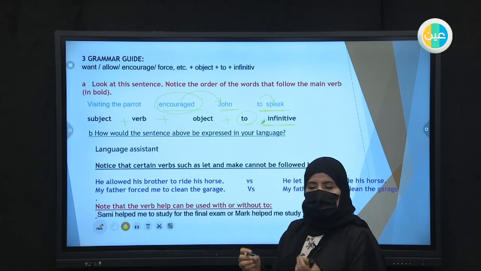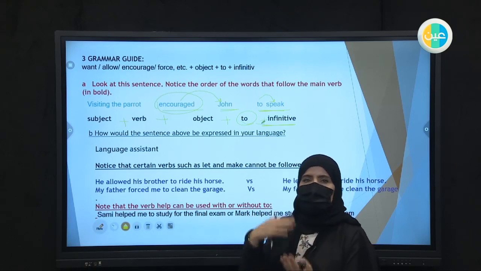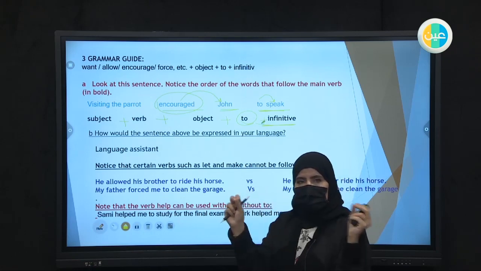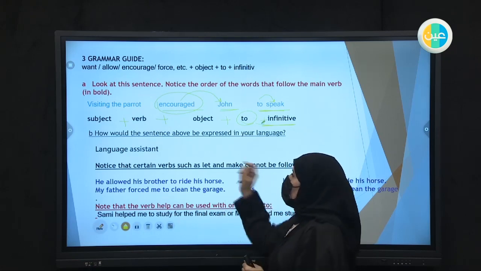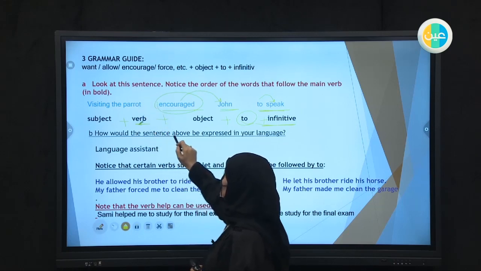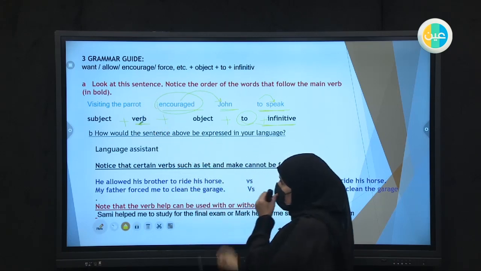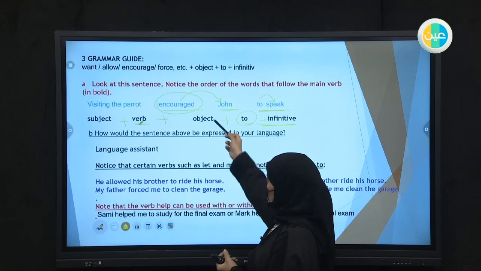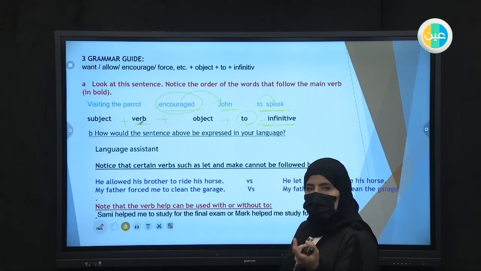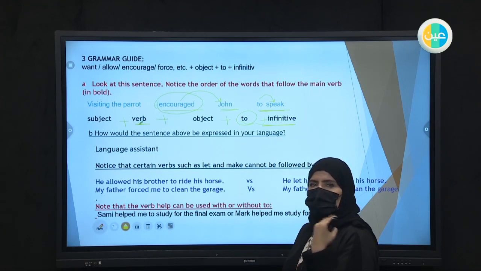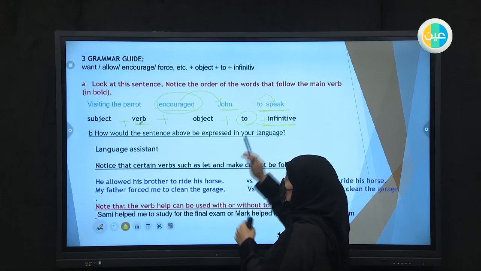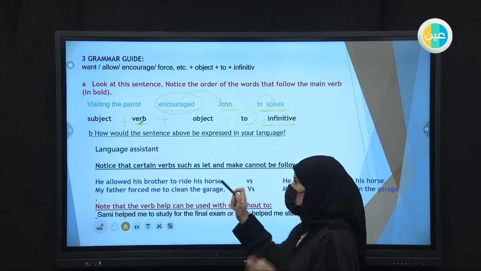It's not necessary to be all the time one verb. ممكن أنا أستخدم أي واحد من هذه الأفعال. The point of the rule or pattern is that we can put one of these verbs. Okay? As I translated to you in Arabic, زيارة الببغاء شجعت جون على التحدث. So this is the meaning of the sentence in Arabic.